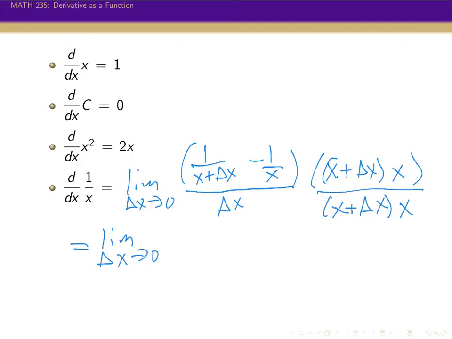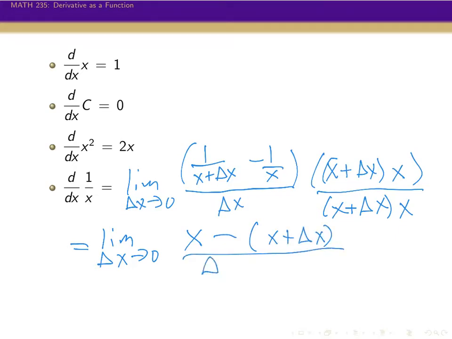When I multiply this through, x plus delta x times x divided by x plus delta x cancels off the x plus delta x's, leaving me with an x there. Minus, when I multiply 1 over x by x plus delta x times x, the x's cancel, and I'm left with the x plus delta x.